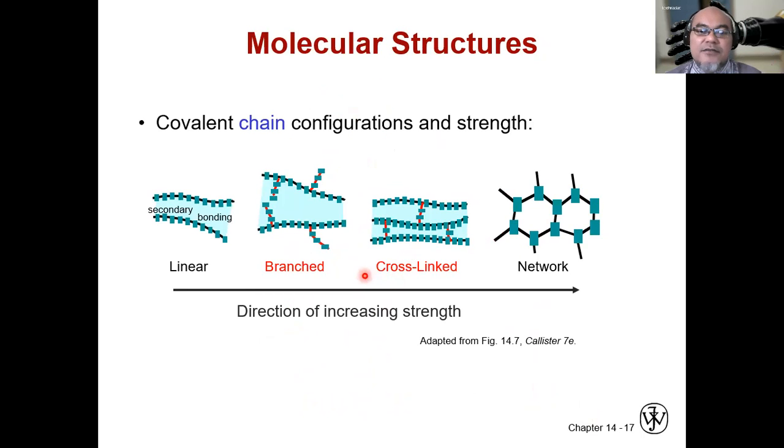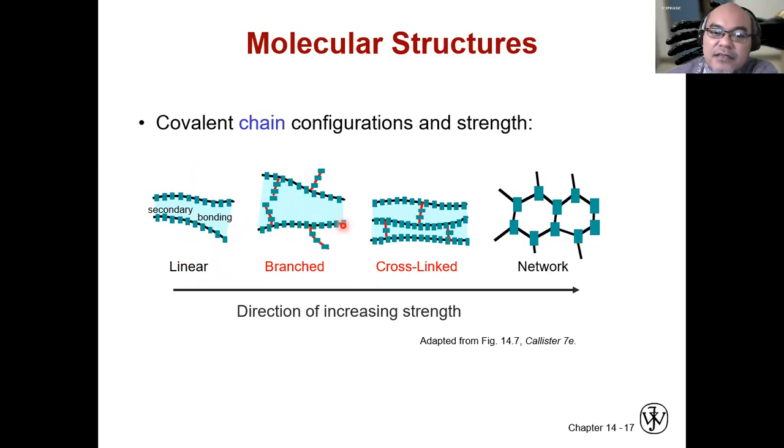The molecular structures of polymers can also be various. It can be linear, as mentioned earlier; polyethylene, we have linear. But between two different chains, there might be secondary bonding, could be due to hydrogen bonding, van der Waals bonding, or other electrostatic bonding. It might be branching.